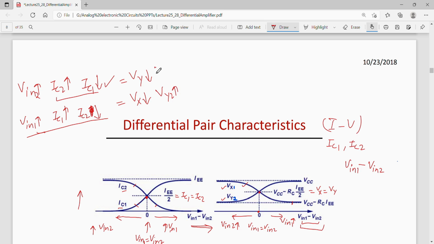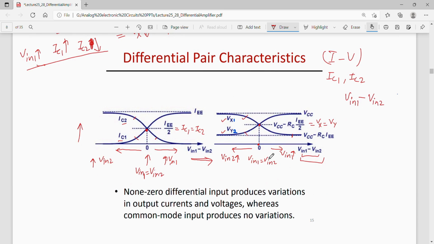Similarly, when Vin2 is increasing on the left side, Vy should decrease and Vx is increasing. That way one can plot the IV characteristics.